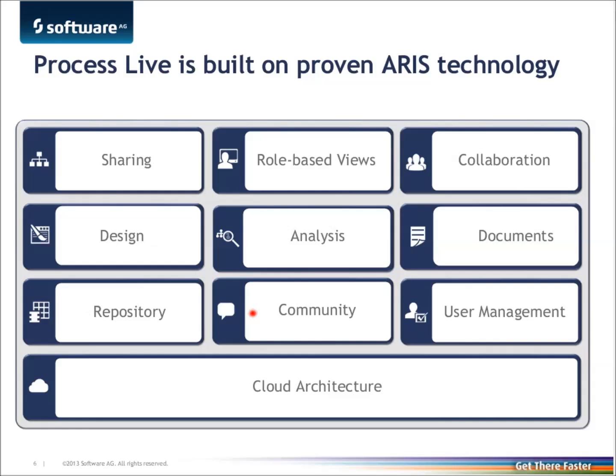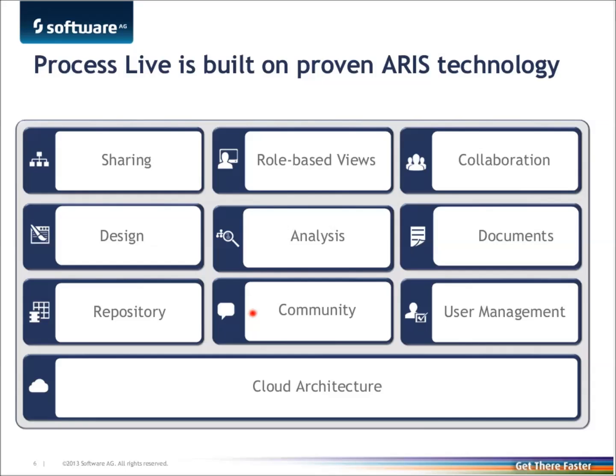Community: we will have community-based support. Some of you might know ARIS Community. ARIS Community has now roughly 250,000 members, and with that is the largest process improvement community out there. And Process Live is tightly integrated within that community.